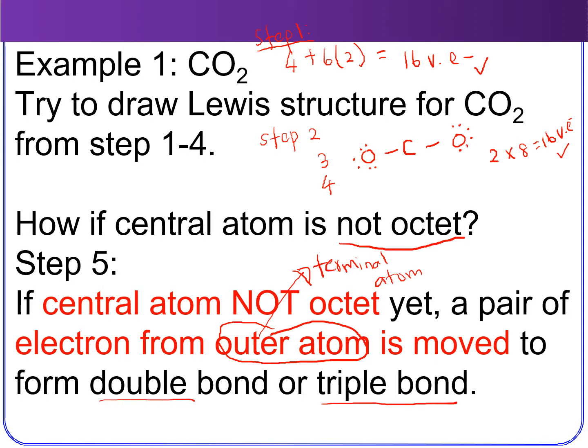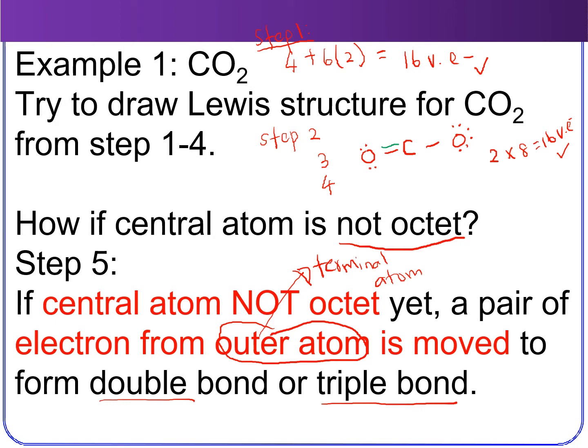For example, in this case, I am going to move one pair of valence electrons. Let's say we move this pair. Now we form one bond here.